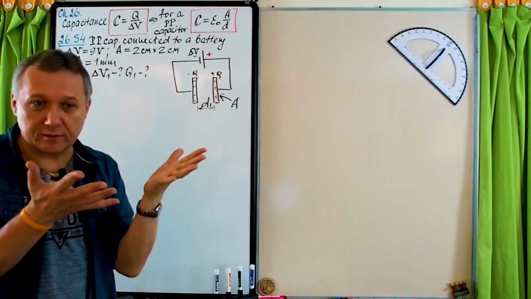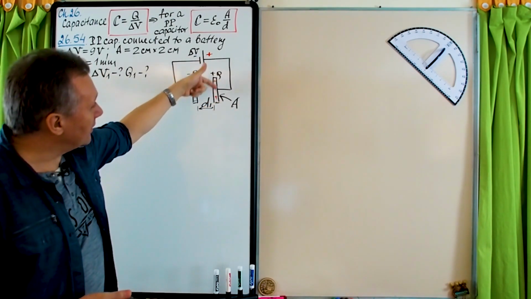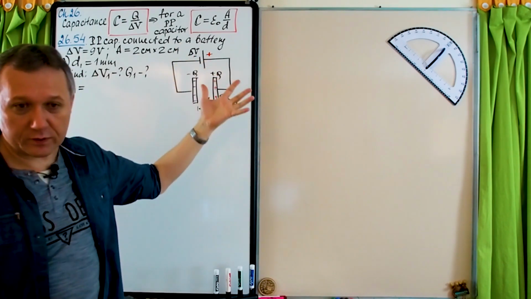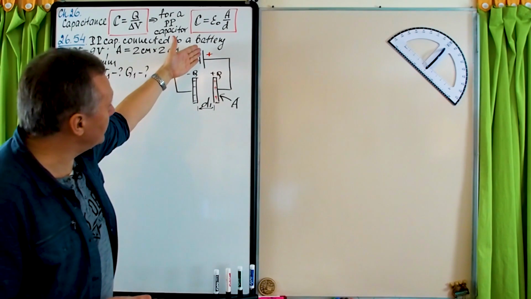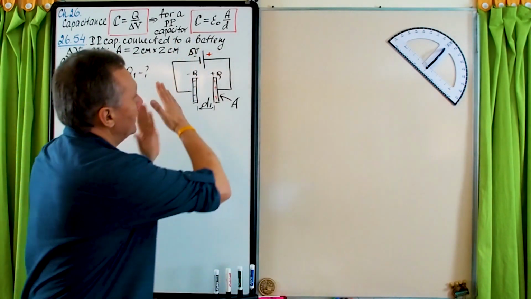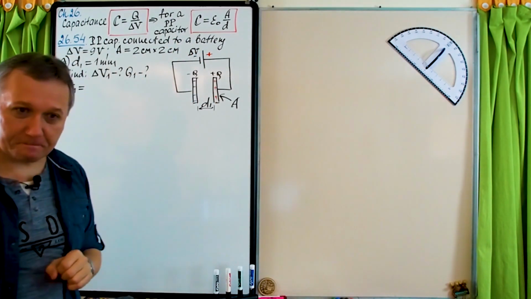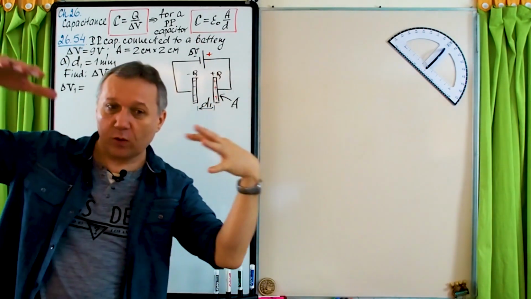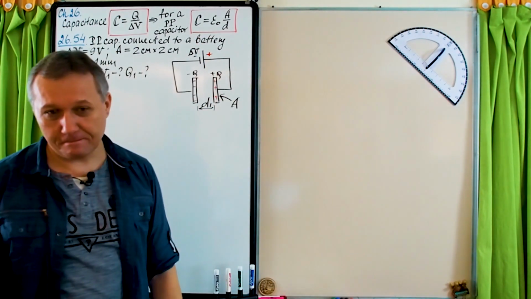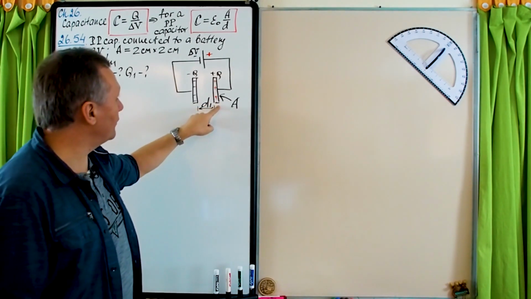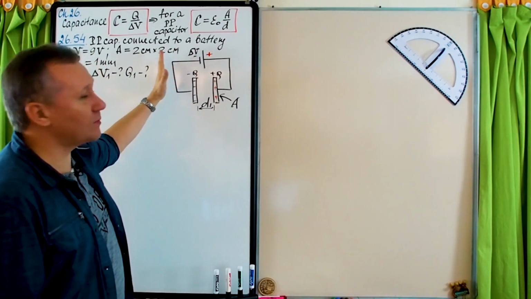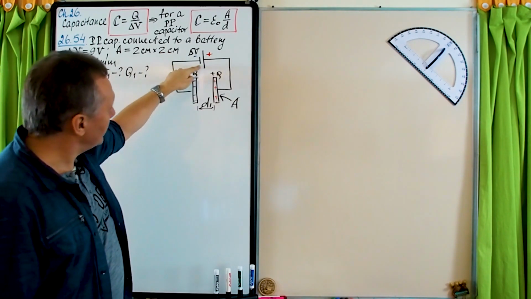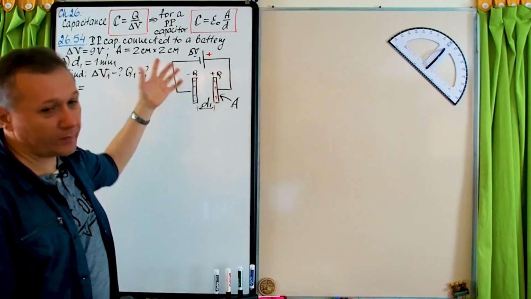So this electrode must be at the same 4.5 volts electric potential. Basically all this left side of the circuit is at the same potential, 4.5 volts, because it's just one big piece of metal. I can say exactly the same about the negative side: minus 4.5, minus 4.5, minus 4.5.